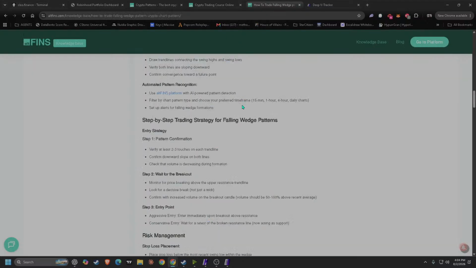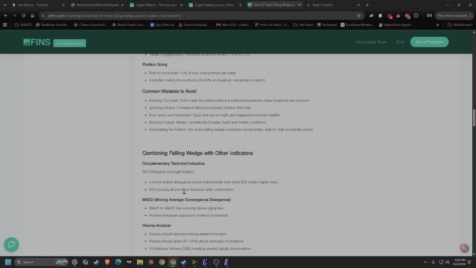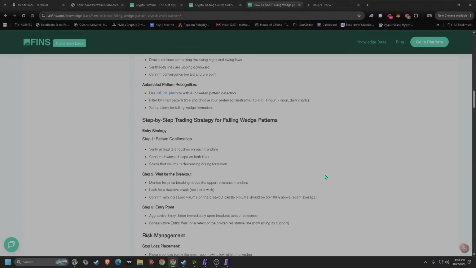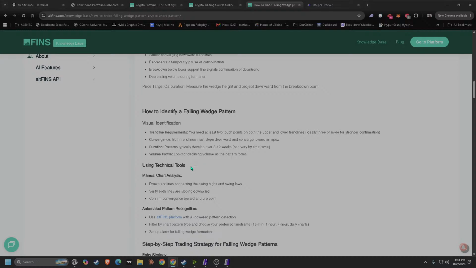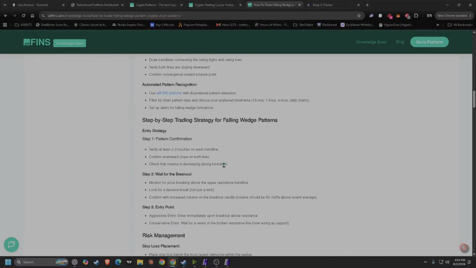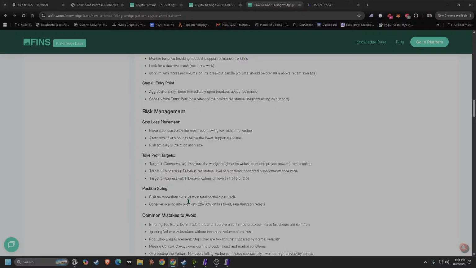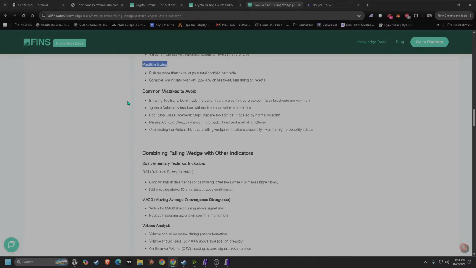So back to ascending. This right here tells you everything. When I see one, I come up here and pull this up. If I don't remember, I can go look: what do I need to be looking for? Where's my stop loss? Where are my profit targets? Different ways to do it, common mistakes. Combining with other indicators, see, I even put MACD and RSI on there.